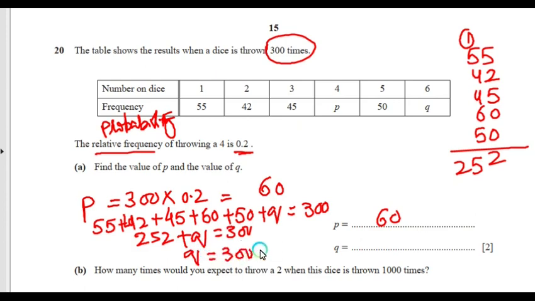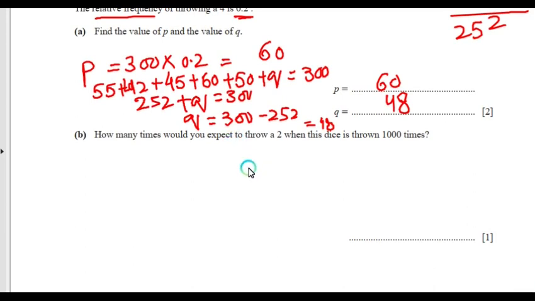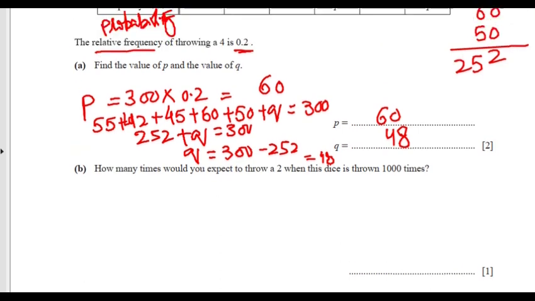Next is q. Okay, we know that the sum of all the frequencies should be equal to 300. So I'm adding 55 plus 42 plus 45 plus p, which is 60, right? Plus 50 plus q, it should be equal to 300.